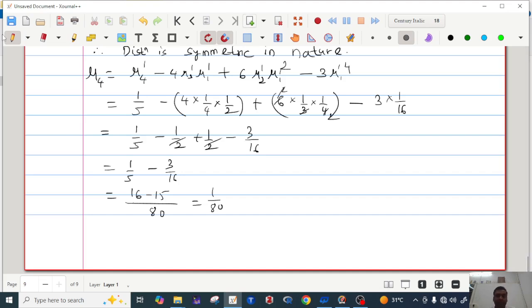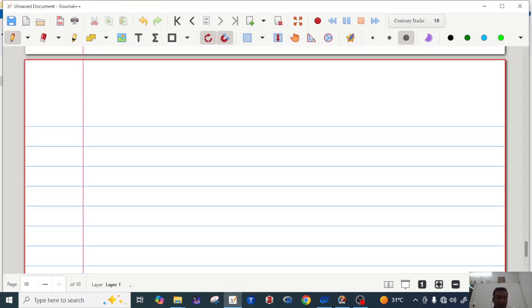Now let's compute coefficient of skewness and kurtosis.